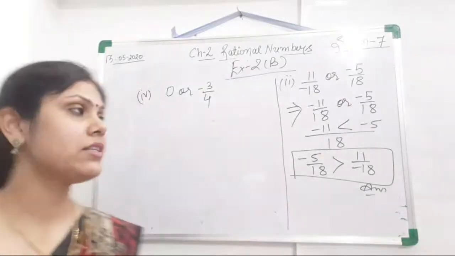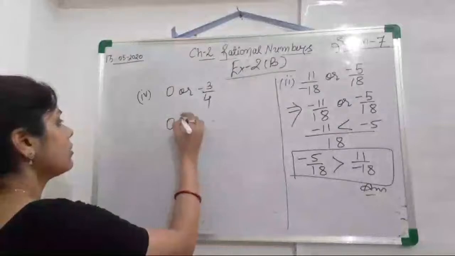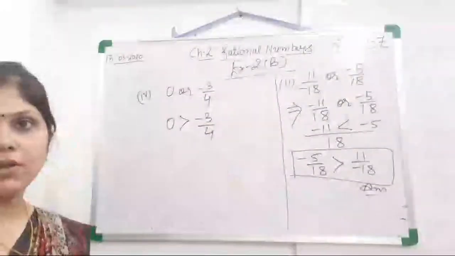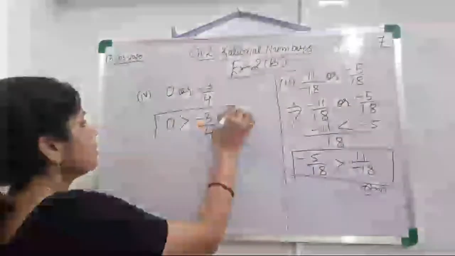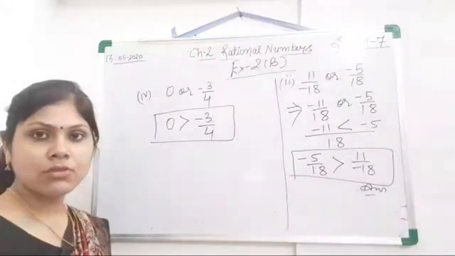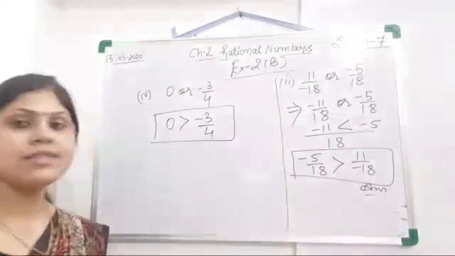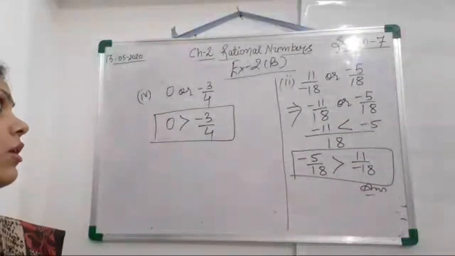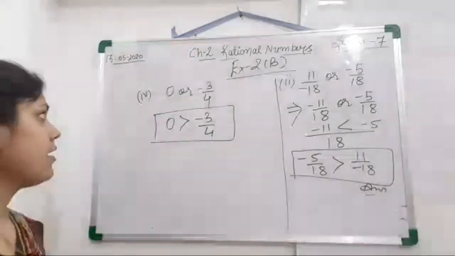Directly you can write here, 0 is greater than minus 3 by 4. Why? I am telling you the concept, because every negative integer is less than 0.